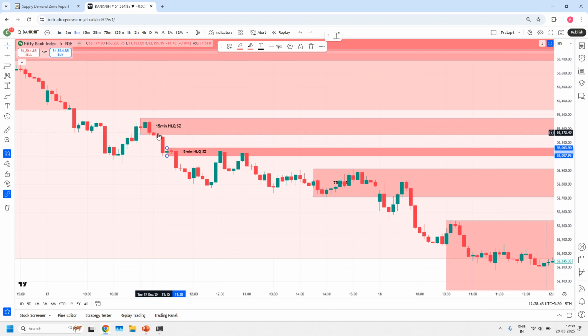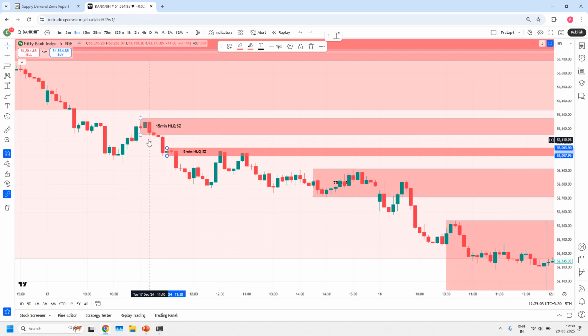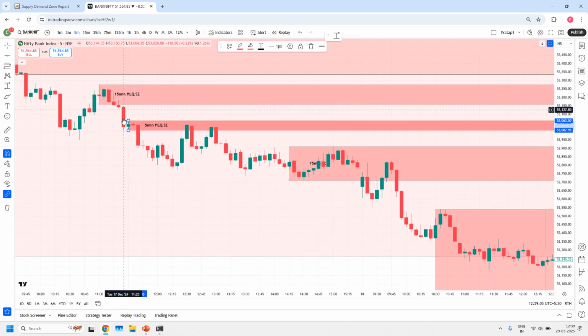See here, rally, 2 base candles and drop. This is the area you plan. This is 17, 12, 11, 10. See, 17, 12, 11, 10. This is also a high liquidity zone. Oh my God. This is also a high liquidity zone. This drop, base, drop.